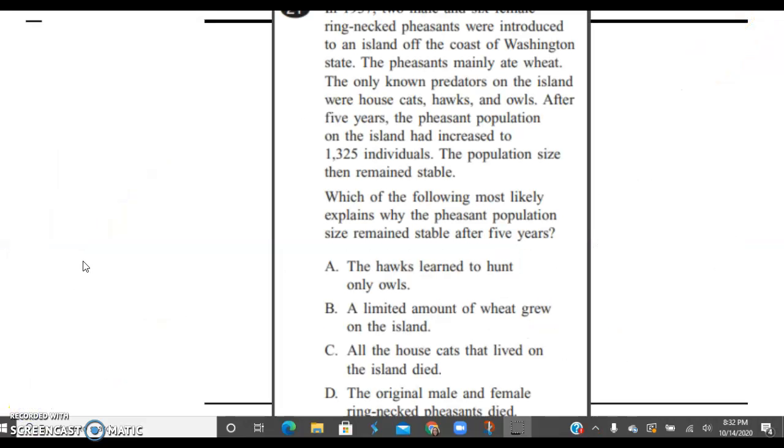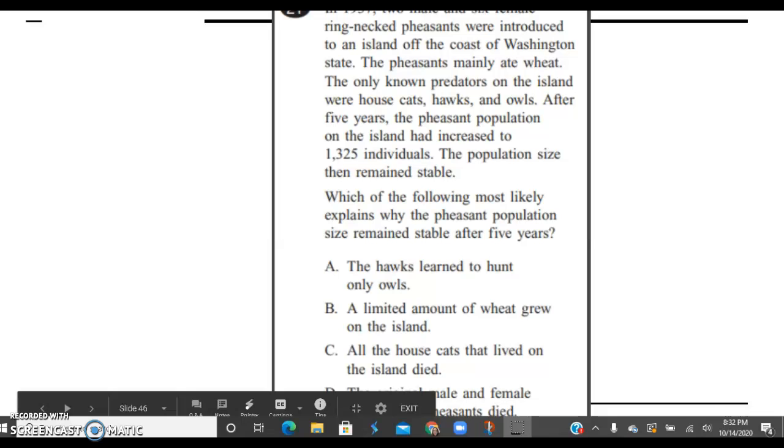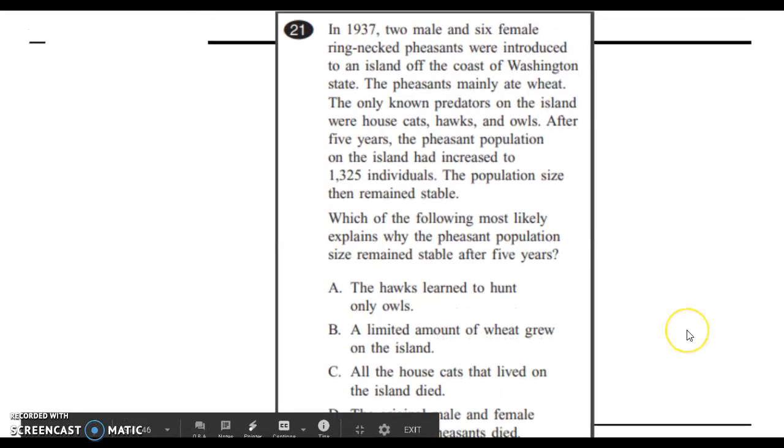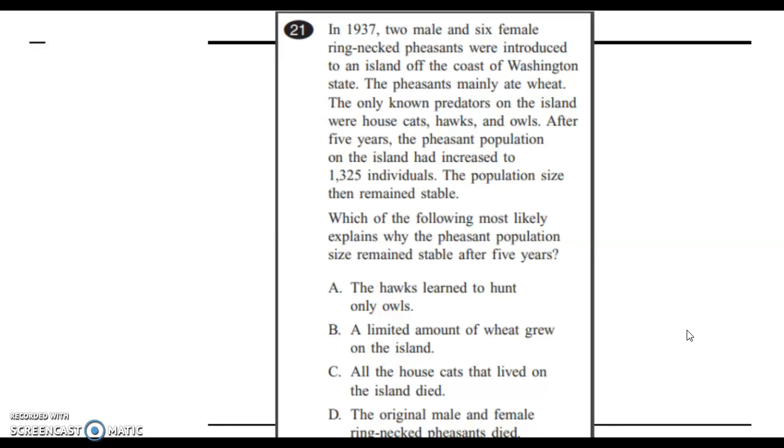All right. Finally, as your exit ticket, I would like you to complete this question, an Edpuzzle. In 1937, 2 male and 6 female ring-necked pheasants, which are a type of bird, were introduced to an island off the coast of Washington state. The pheasants mainly ate wheat.